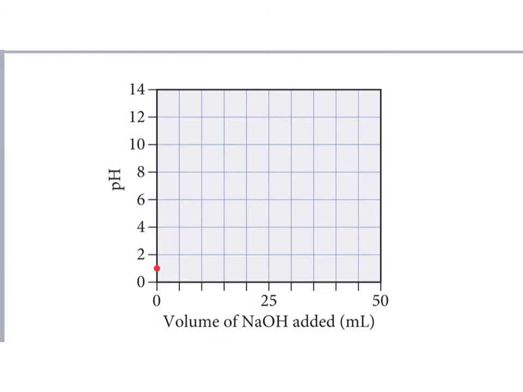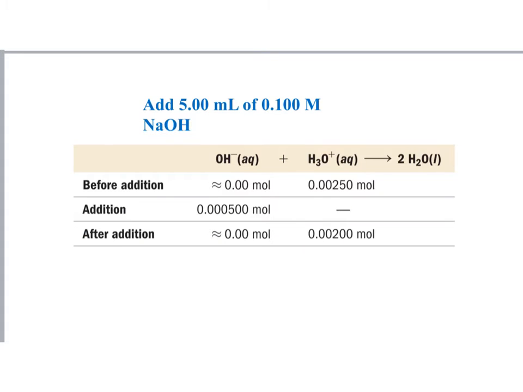A common way to follow these is by pH, and so this would be a solution that is 0.1 molar of a strong acid HA. And then down here we've got the volume of NaOH added. So let's look at how we might follow this with the addition of NaOH.